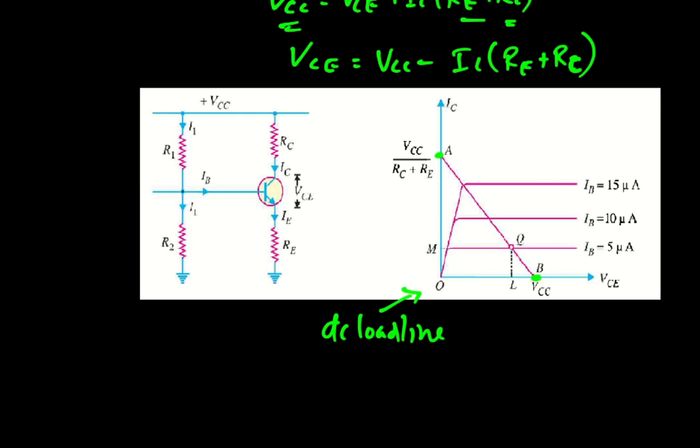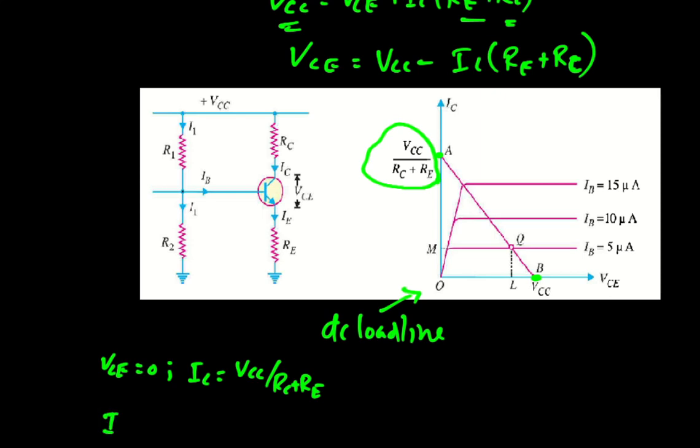The point A is on the y-axis, that is, on the IC axis. On the IC axis we know that VCE is equal to 0. So when you set VCE equal to 0 in the above equation, we get IC equal to VCC by RC plus RE. This is the point A on the DC load line. To get the other point B, since point B is on the x-axis, that is, on the VCE axis, the value of IC is 0.